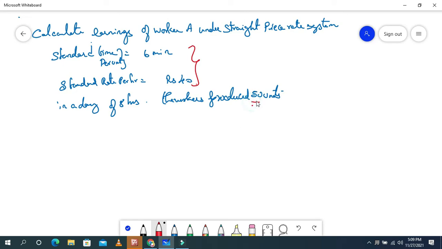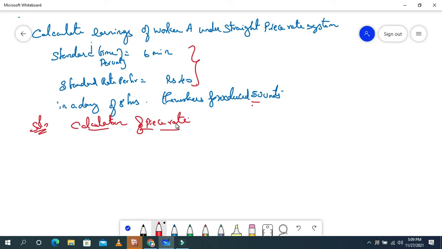So first we are supposed to find the actual piece rate. So solution, that is calculation of piece rate.